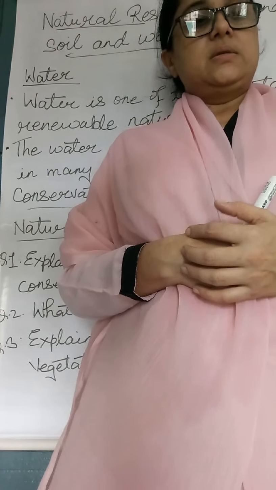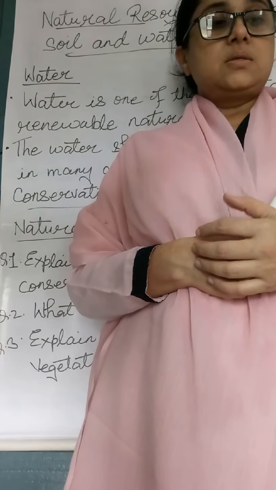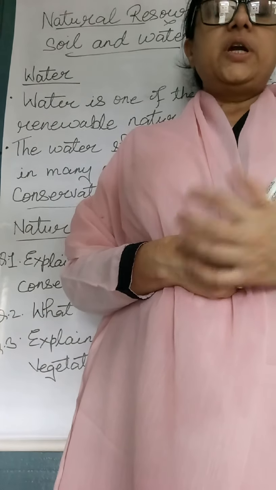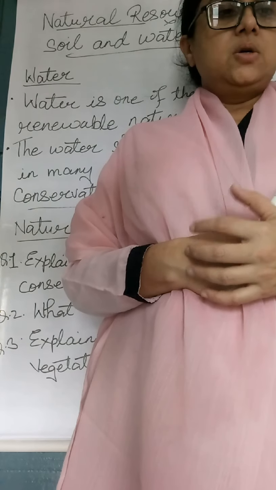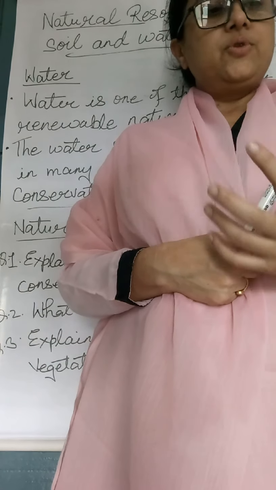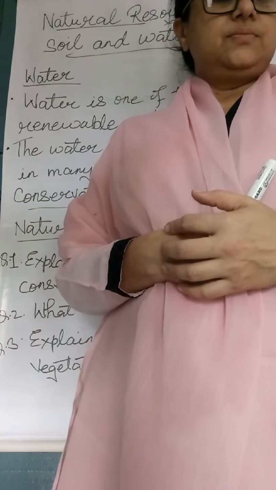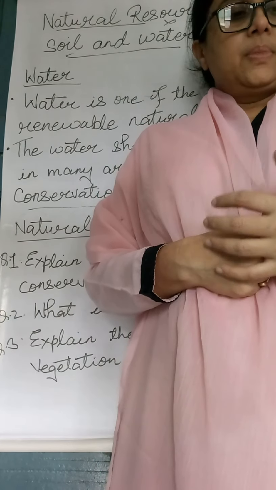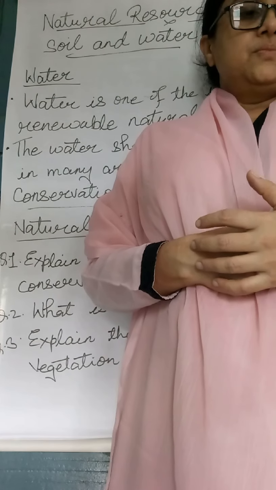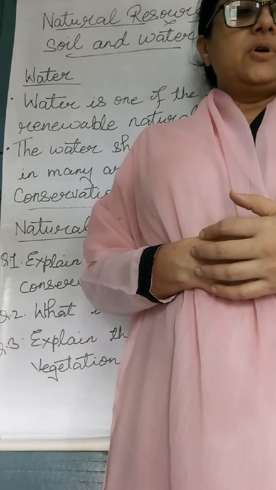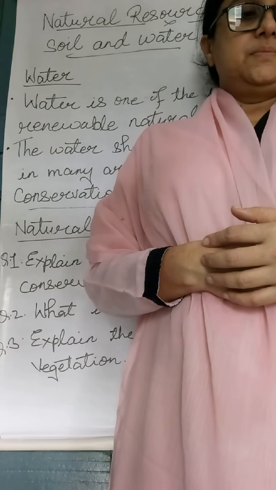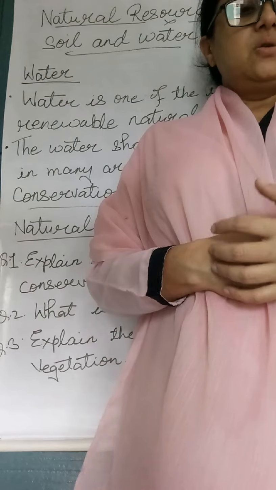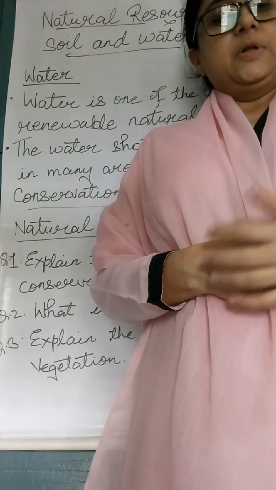Large water bodies like seas and oceans help in moderating the climate of coastal regions. The ocean waters are home to a great variety of marine life, which is a source of occupation for many people.